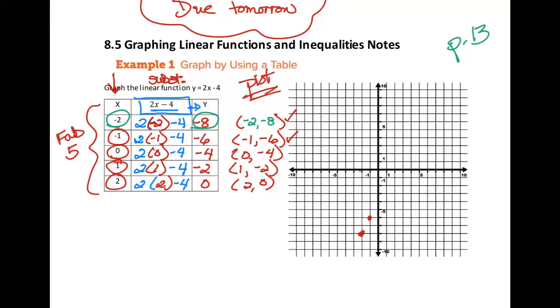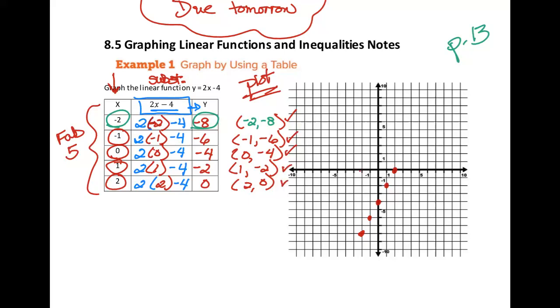We have 0, -4. That's on the y-axis. That is my y-intercept, if anybody wanted to know. We have 1, -2. That's 1 to the right and 2 down. And finally, we have 2, 0. That's 2 to the right and 0 going up or down.